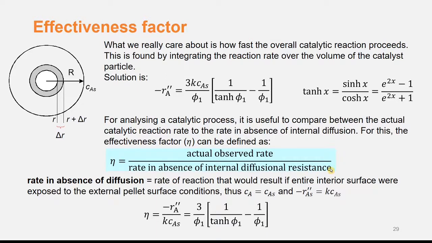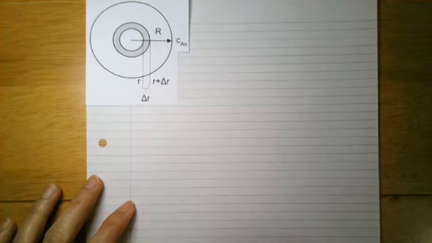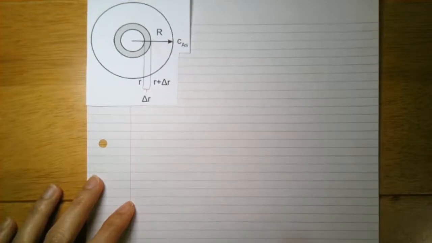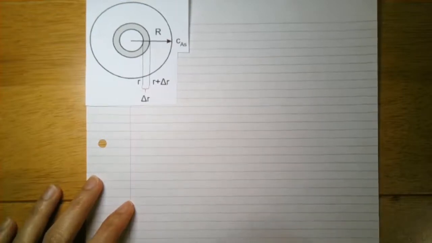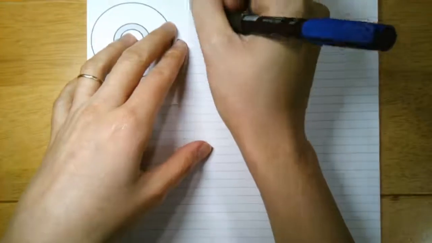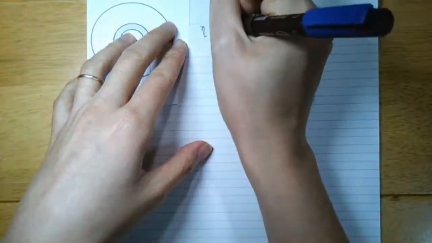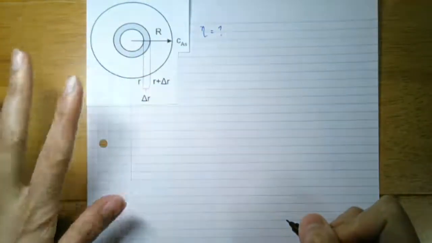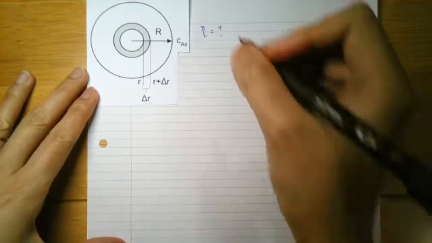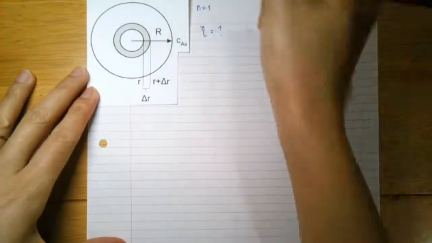For our first order reaction, the effectiveness factor eta has a simple form. So how did we derive the expression for the effectiveness factor eta? So let's do this for a first order reaction, n equal to 1.